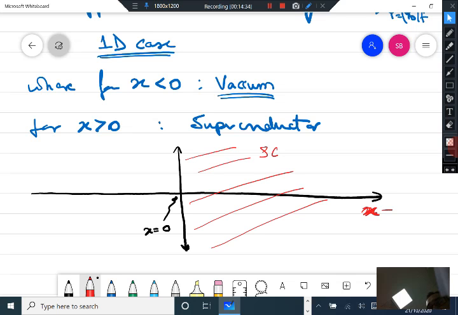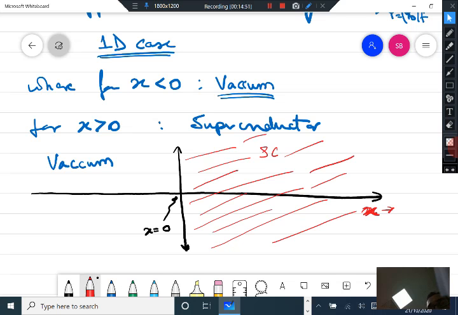This is x greater than 0, and everything on this side is vacuum. Okay, so you have a superconducting state on this side and you have vacuum on the other side. So how is the order parameter going to behave inside the superconducting state?